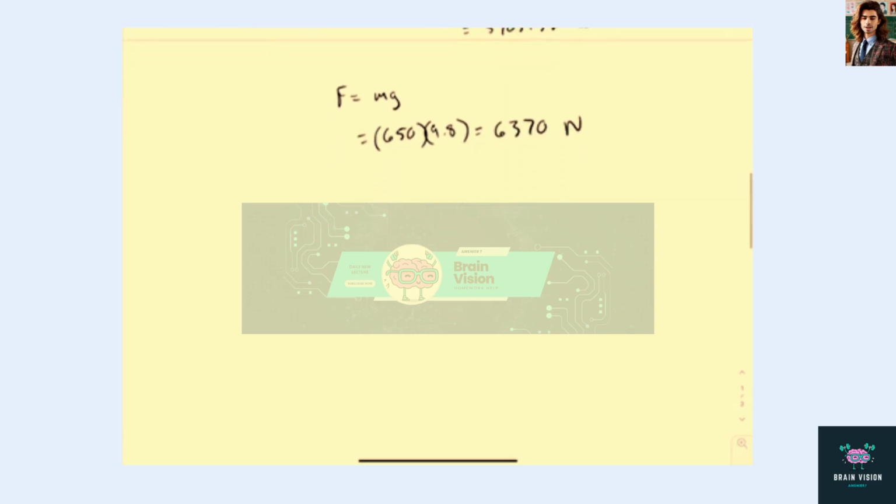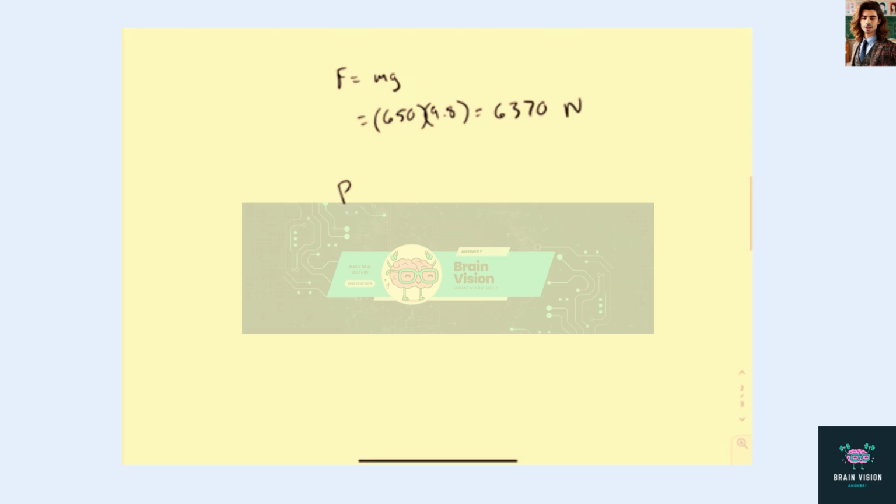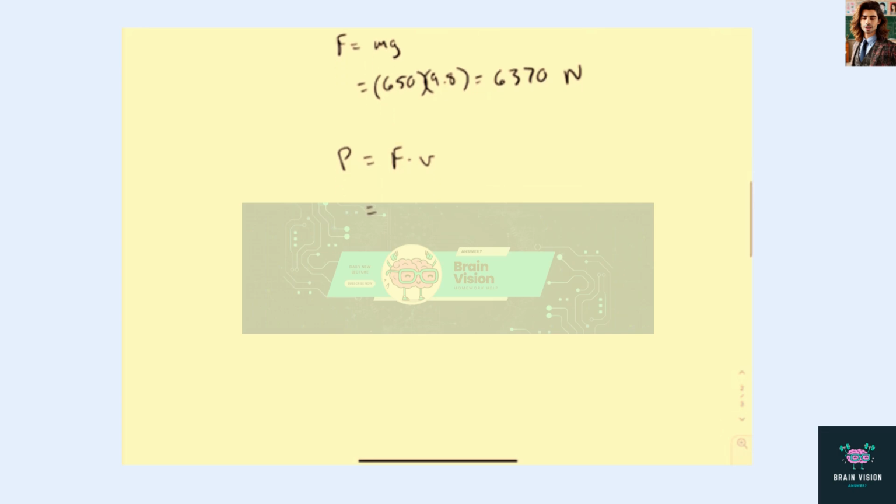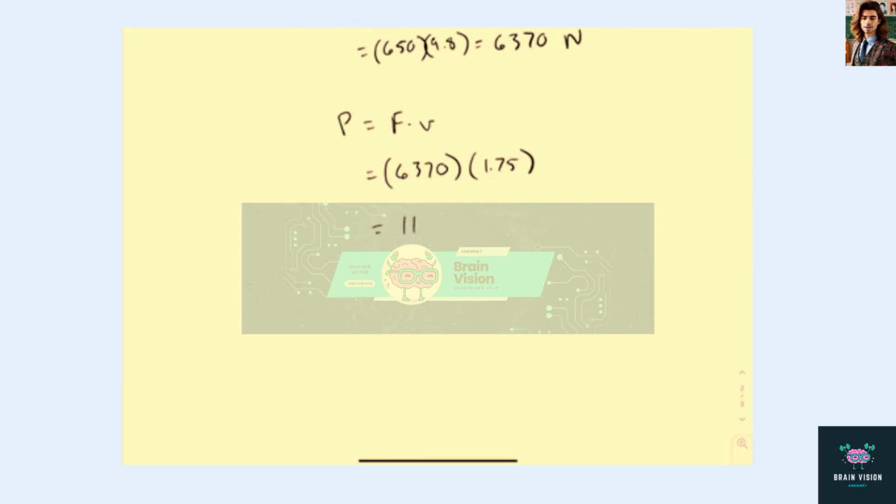And now instead of writing power as work divided by time, I'm going to write it as force times the velocity. So now we have the force is 6,370 newtons, and the velocity is 1.75 meters per second, because that's the final speed once it reaches the cruising speed. And this is 11,147.5 watts.